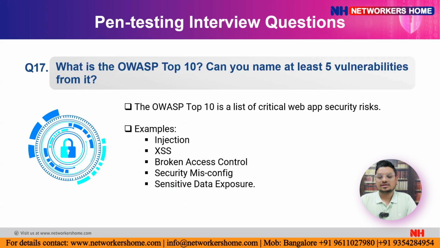OWASP top 10 is the list of critical web application risks, and in that you can see 5 common examples like injection, SQL injection possible, or cross-site scripting, or broken access control, or security misconfiguration, or sensitive data exposure. Sensitive data exposure is also known as what? Encryption, decryption. Some data, let's say, is encrypted, but they are using a very simple encryption algorithm.